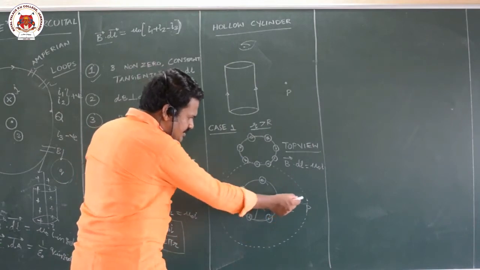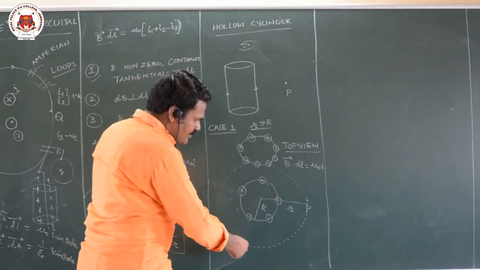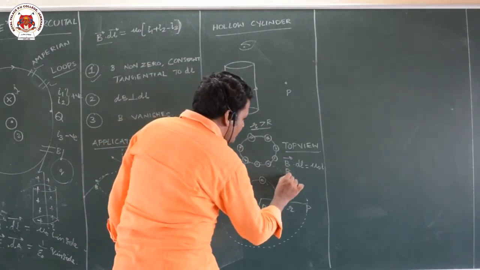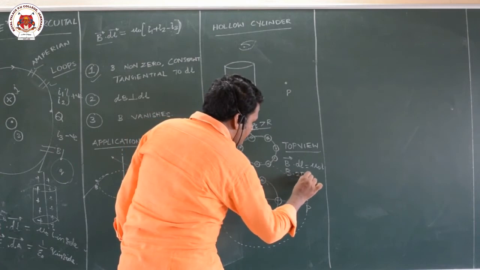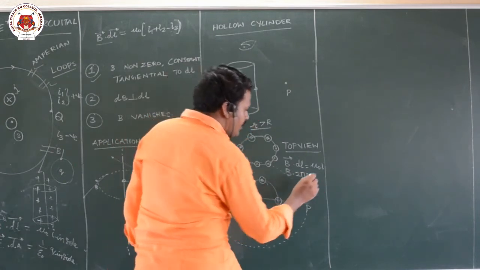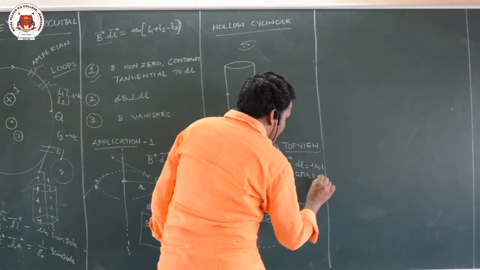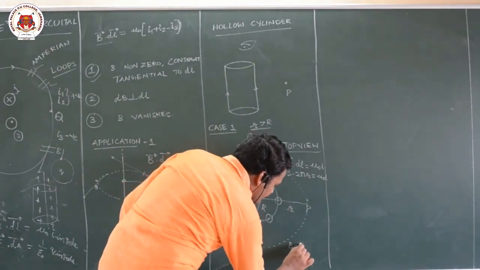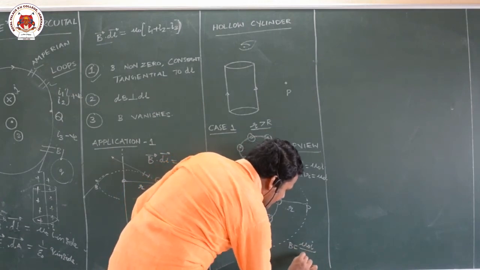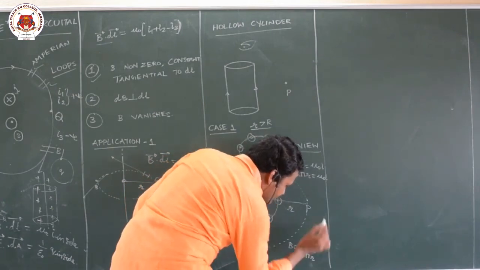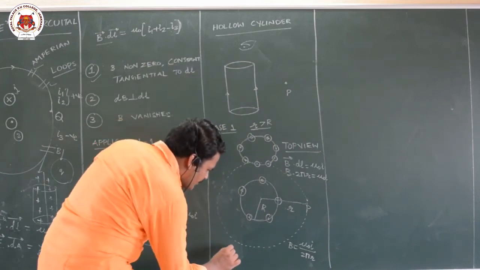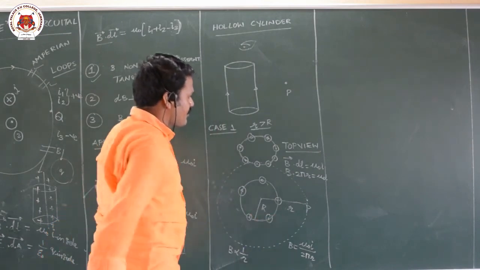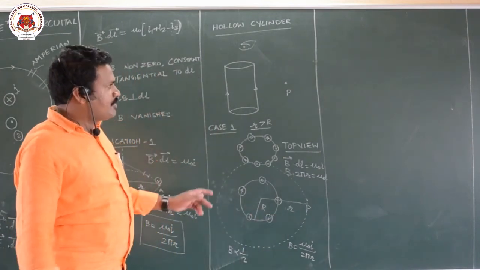This dl is nothing but the circumference up to which the point is present. So B into 2 pi r is equal to mu naught I. From this, B is equal to mu naught I by 2 pi r. From this we can tell B is inversely proportional to r, that is, proportional to 1 by r.